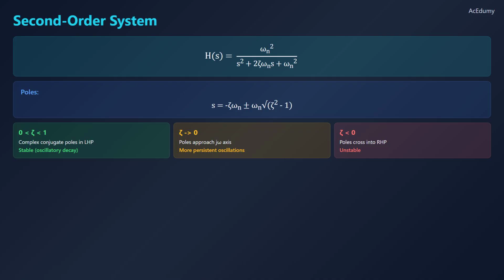When zeta is between 0 and 1, the poles are complex conjugates in the left half plane. The system is stable with oscillatory decay. As zeta approaches 0, the poles move toward the imaginary axis and the oscillations become more persistent. When zeta is negative, the poles cross into the right half plane and the system becomes unstable.